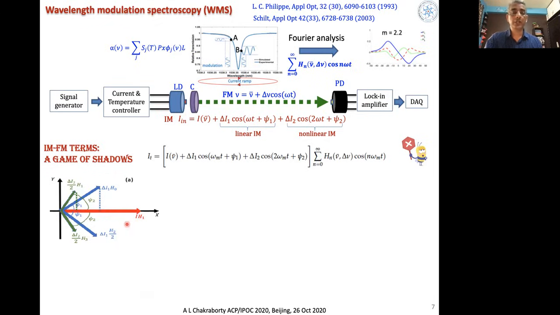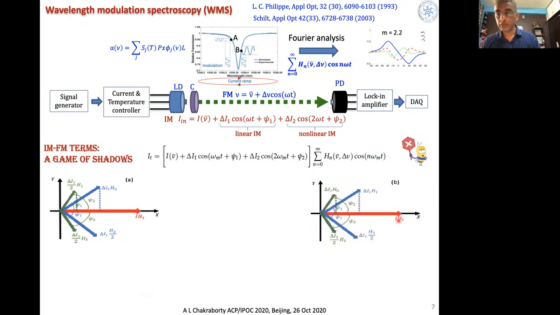Unfortunately, that is not the only component, because the intensity modulation of the laser, both the linear as well as the nonlinear components, they bring in additional components that would be projected onto this detection axis. And each of those projections bears the shape of the lower harmonic and a higher harmonic. I'm sorry, this should have been H2 over here. So the lower and the higher harmonics also now begin to cast shadows on the main harmonic.